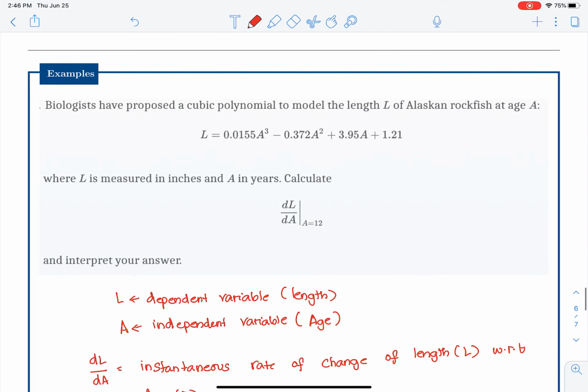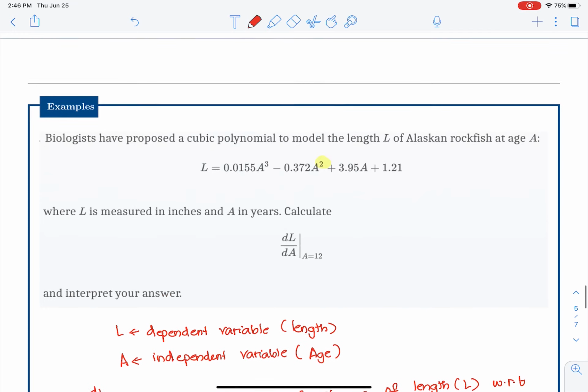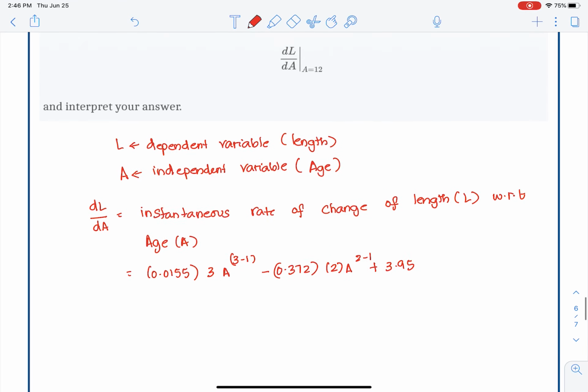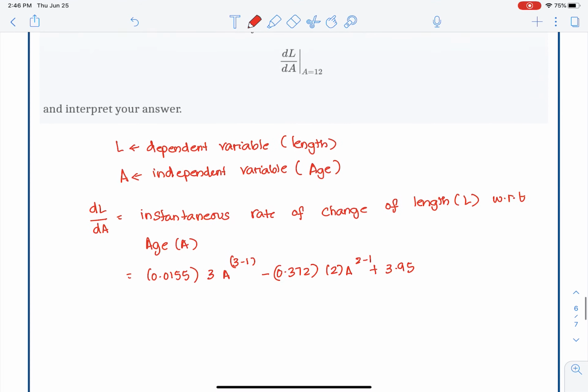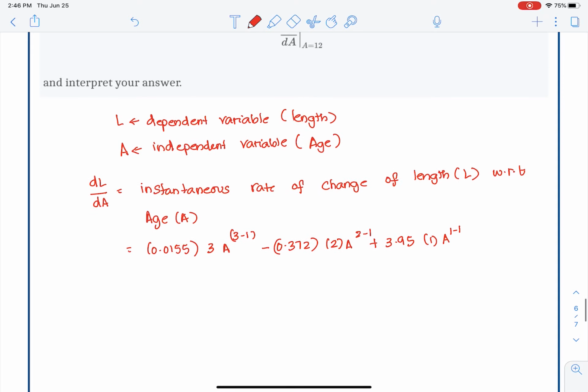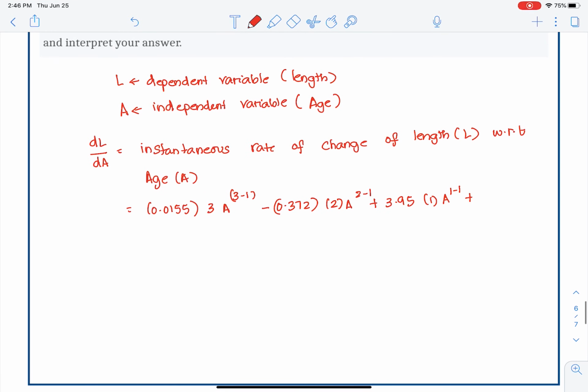A has a power of 2, so 2 comes to the front, A raised 2 minus 1, plus 3.95. A has a power of 1, so we have 1, A raised 1 minus 1. The last term is a constant, and the derivative of a constant is 0.